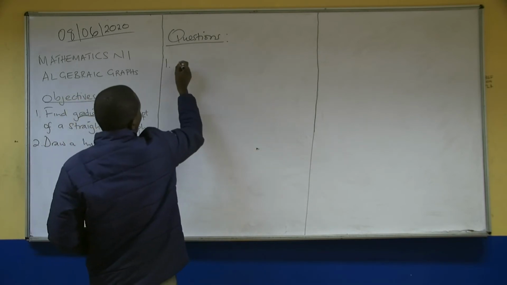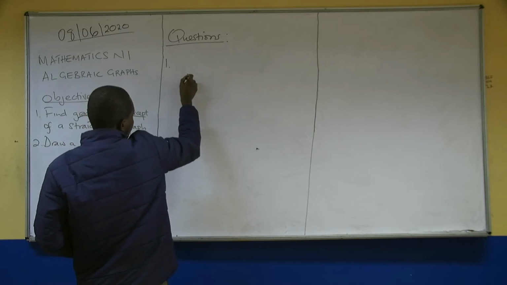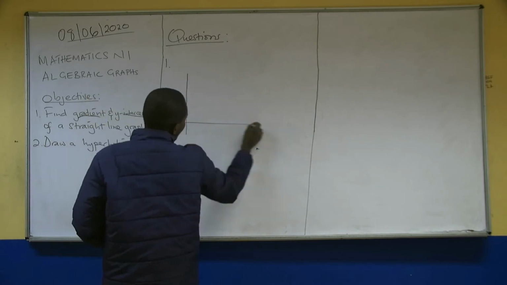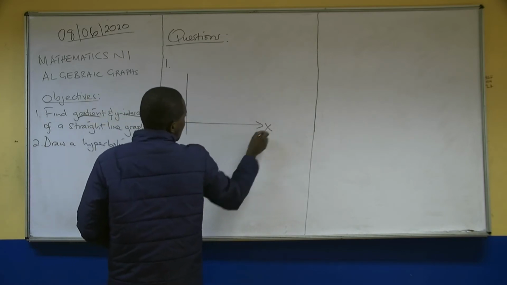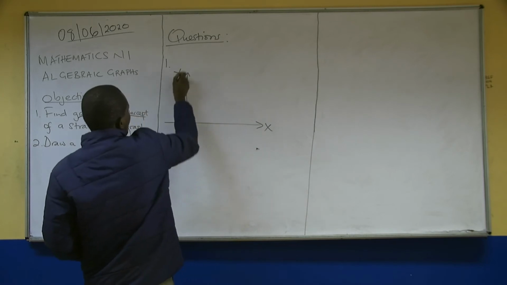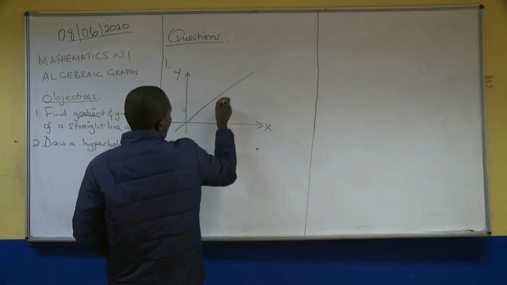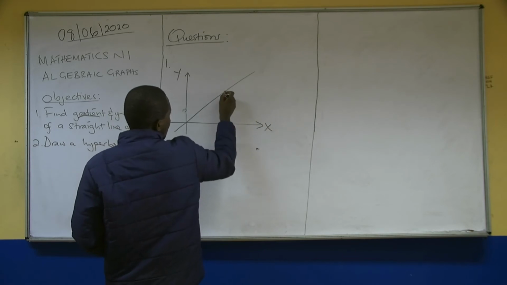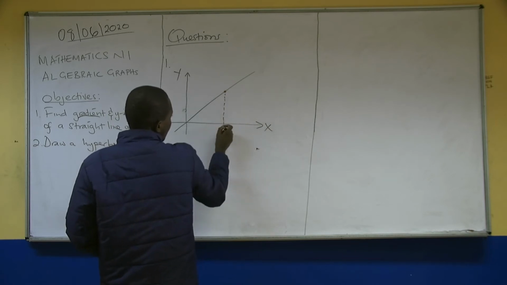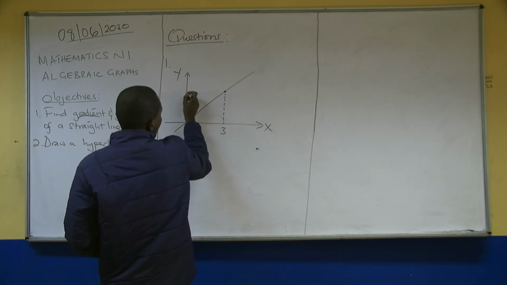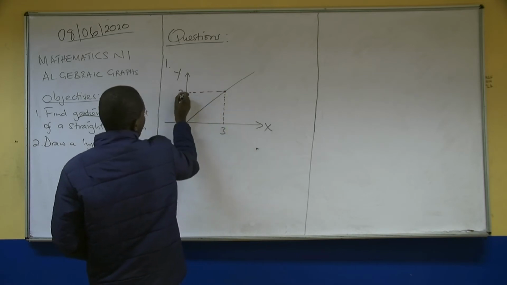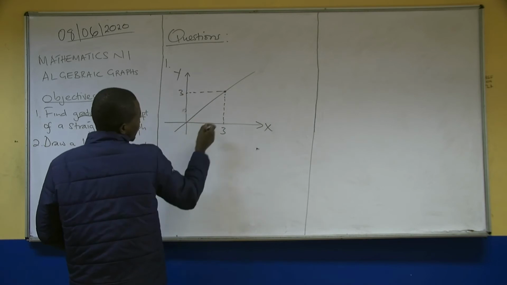Right, we have got a graph. This is your x-axis, this is your y-axis, then that is the graph. Right, we are told that at some point there is a 3, and at this point there is also 3.